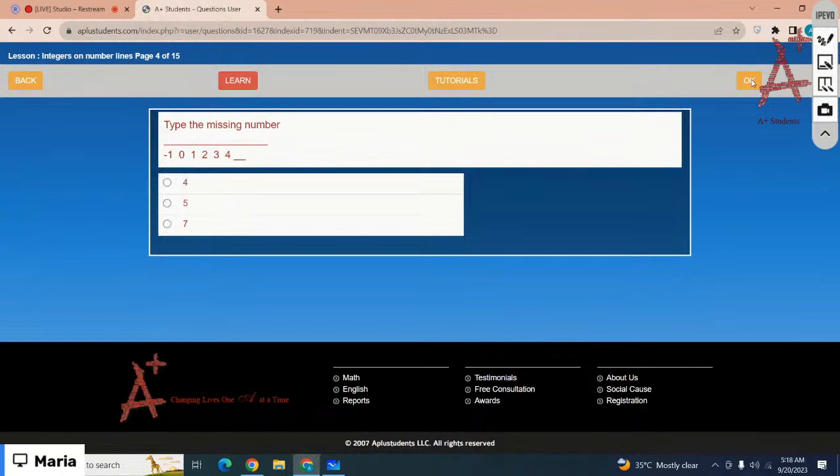Type the missing number. So which is the next number after 4? The next number is 5. The correct option is 5.